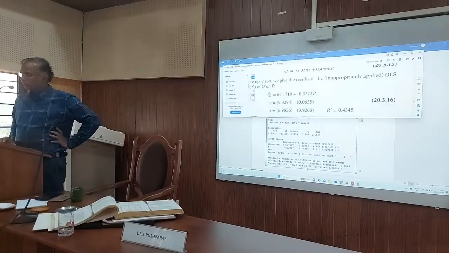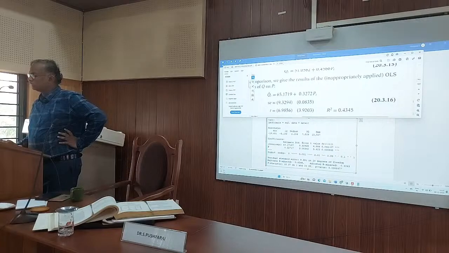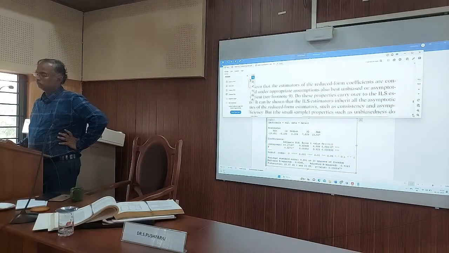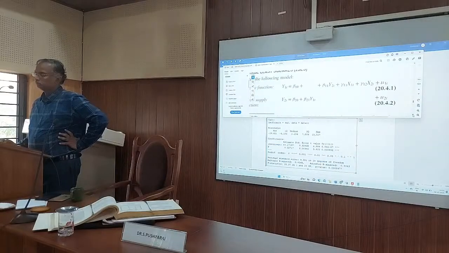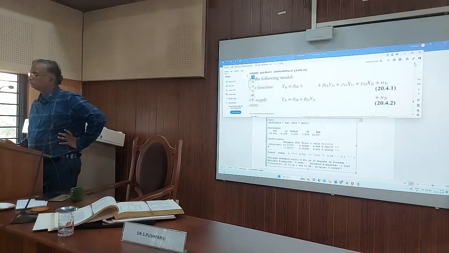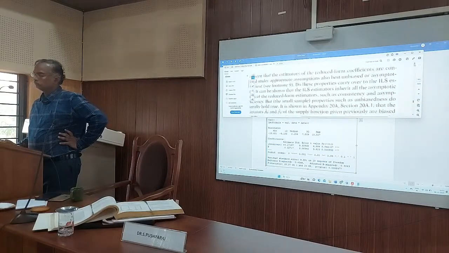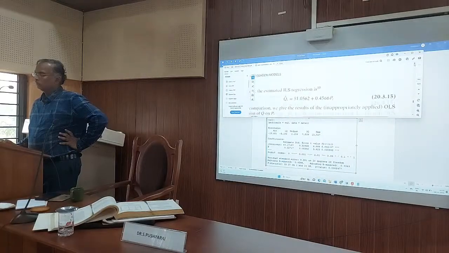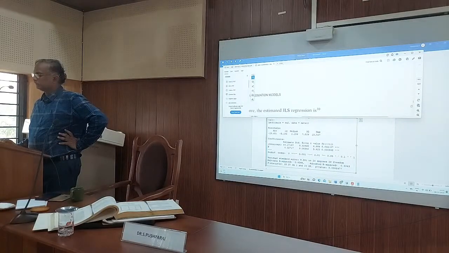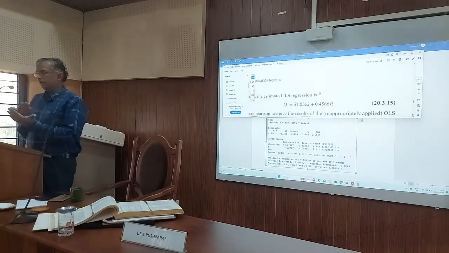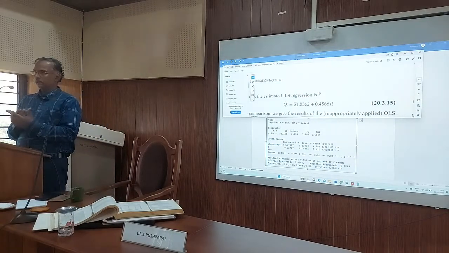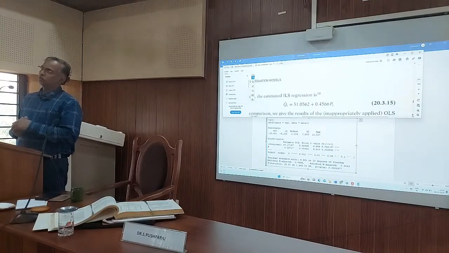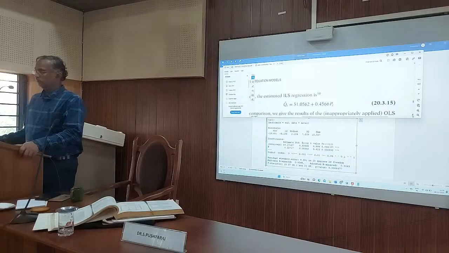Similarly, you can compare the 2SLS result also. Here they have used ILS, indirect least squares, right? If they are exactly identified, this ILS and 2SLS are the same. That is the theory.